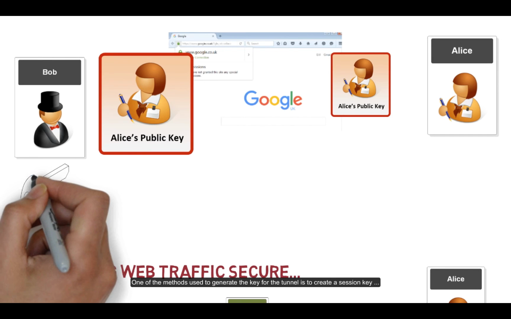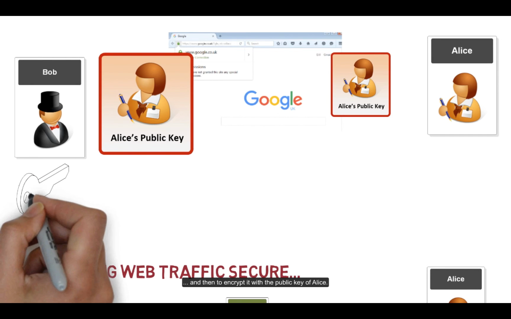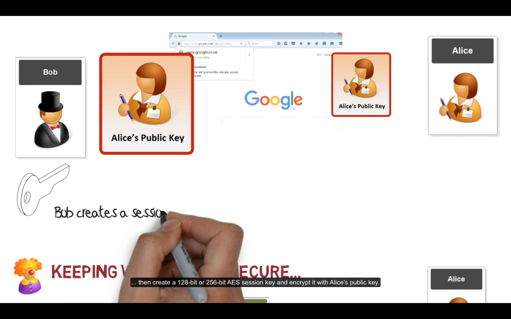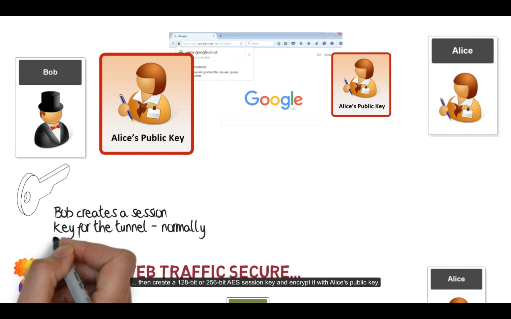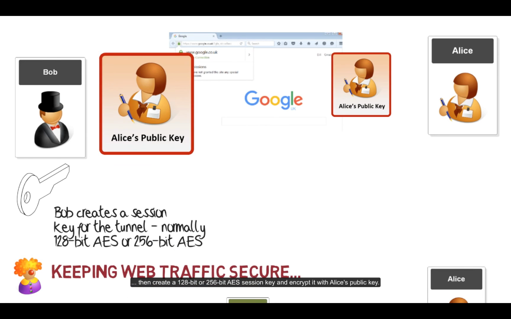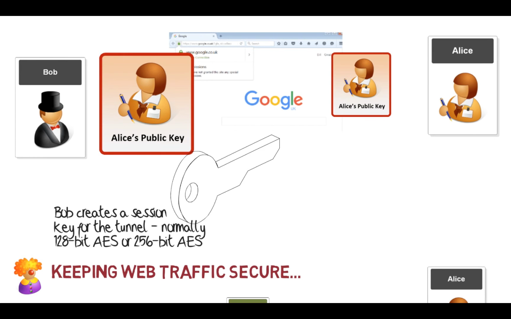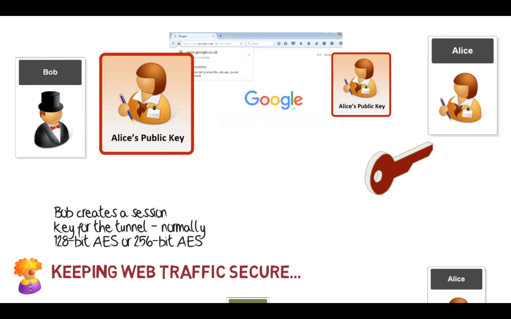One method of generating the key that's going to be used for the encryption tunnel is to take Bob's session key that he's just created. Typically it's a 128-bit AES or 256 AES, and then he will encrypt it with Alice's public key.